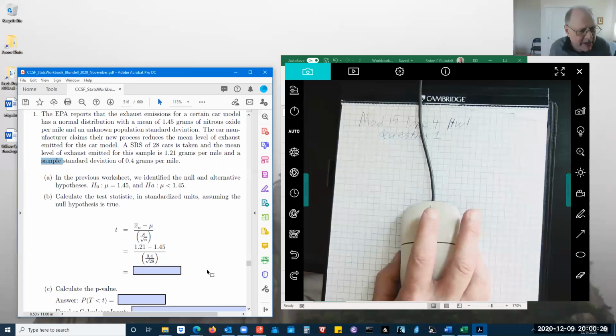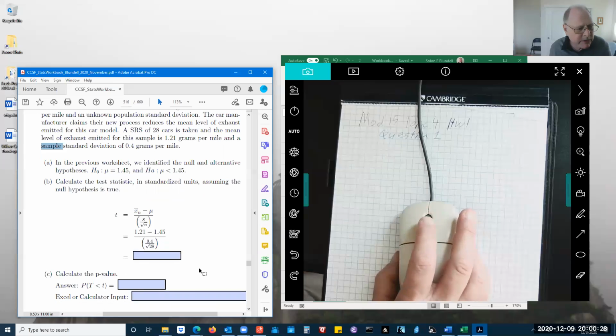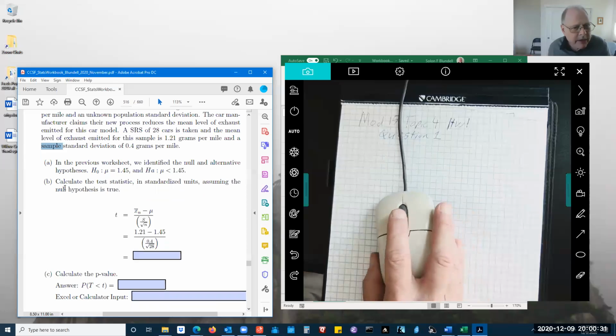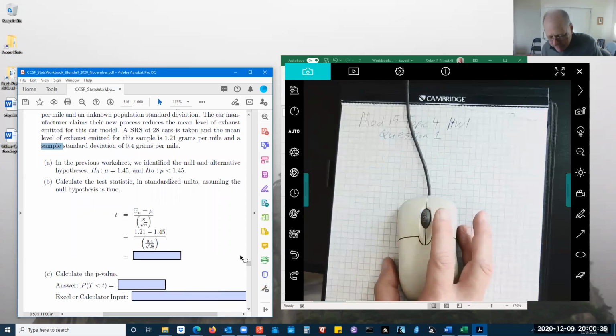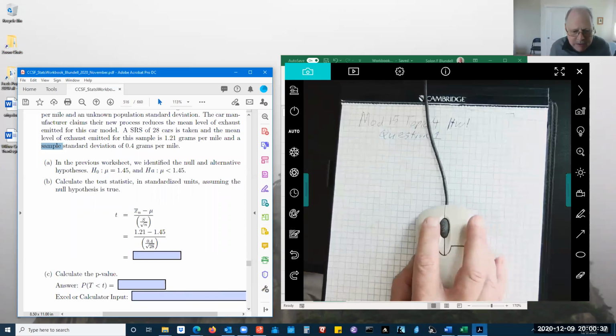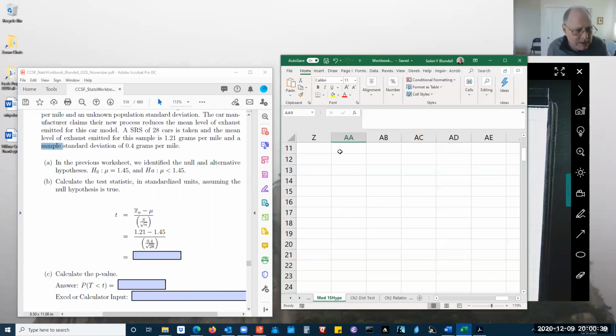So the first thing is we have to calculate the t-score, and over here in the homework exercise, it's showing us how to do that. So let me just type that into Excel here. My X bar was 1.21.